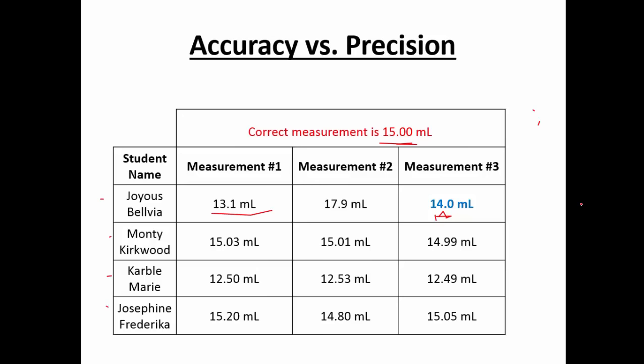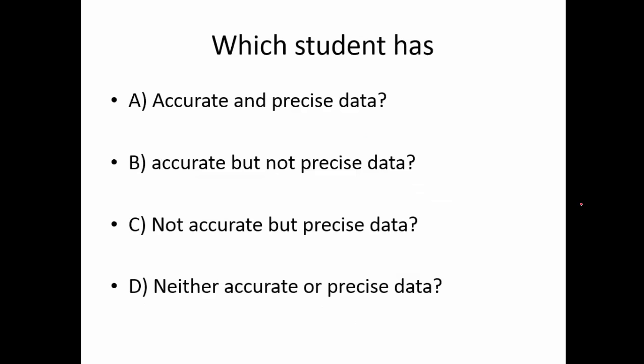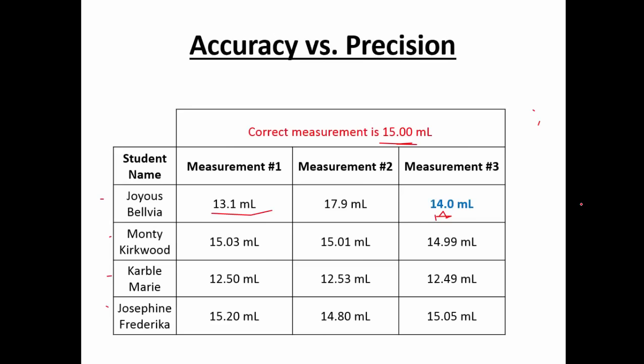I'll jump back and forth on the slide, accurate and precise data. Whose data is close all around and close to that intended target? As we're looking, Monty's 15.01, 15.03, 14.99 are all very close to that 15.00 mark.